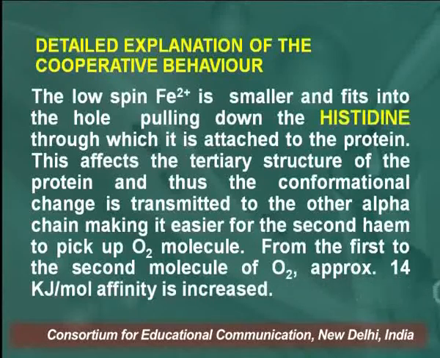That means if the attachment of the first oxygen molecule releases Y amount of energy, then the attachment of the second oxygen molecule releases Y plus 14 kilojoules per mole of energy. More release of energy means the molecule becomes more stable.